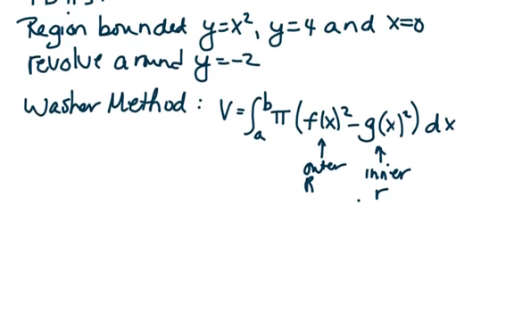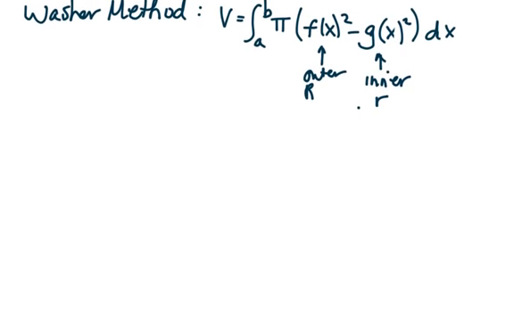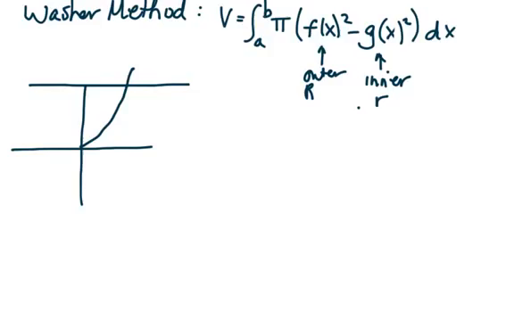So let's draw out this problem first and look at the region that we're revolving. That's the parabola, and here's the y equals 4 line, and you're bound by x equals 0. So you're looking at this region here. Then I'm going to draw in the line we're revolving about, y equals -2.